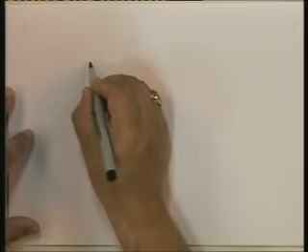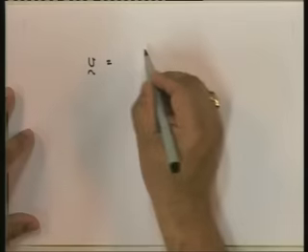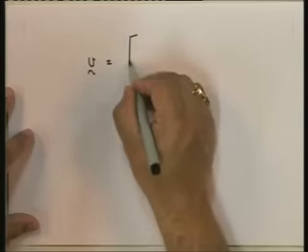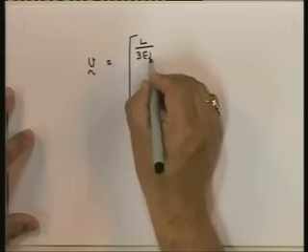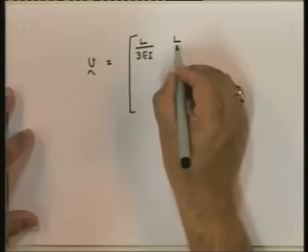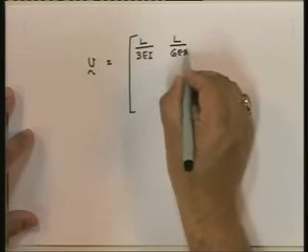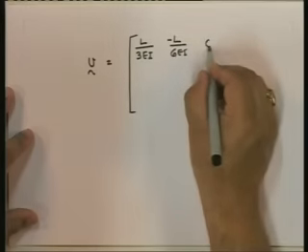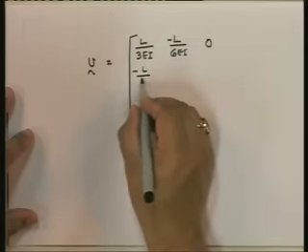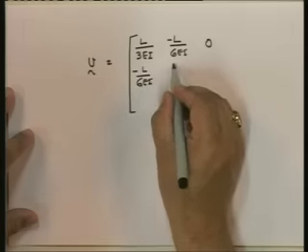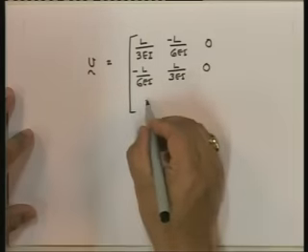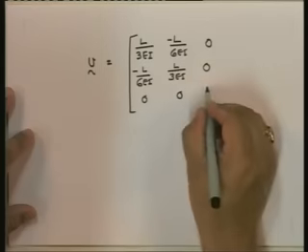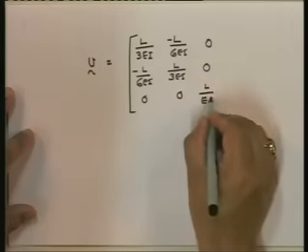And putting that in, we can see actually that V is equal to the matrix with rows: L upon 3EI, minus L upon 6EI, 0; minus L upon 6EI, L upon 3EI, 0; 0, 0, L upon EA.